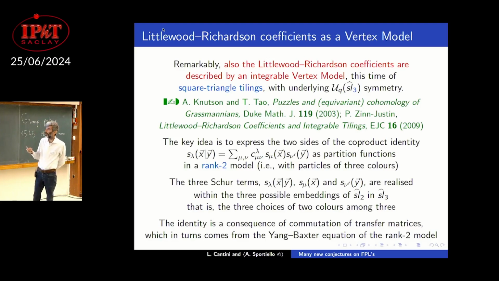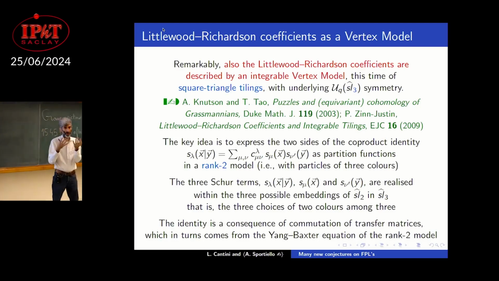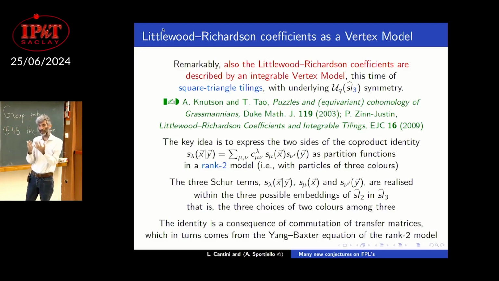And these transfer matrices are not like Schur, which means two colors of path crossing each other, but they're a bit more complicated. There are three colors of path here, except that the Schur terms occur in a certain part of the geometry in which, of these three colors, only two of them occur.